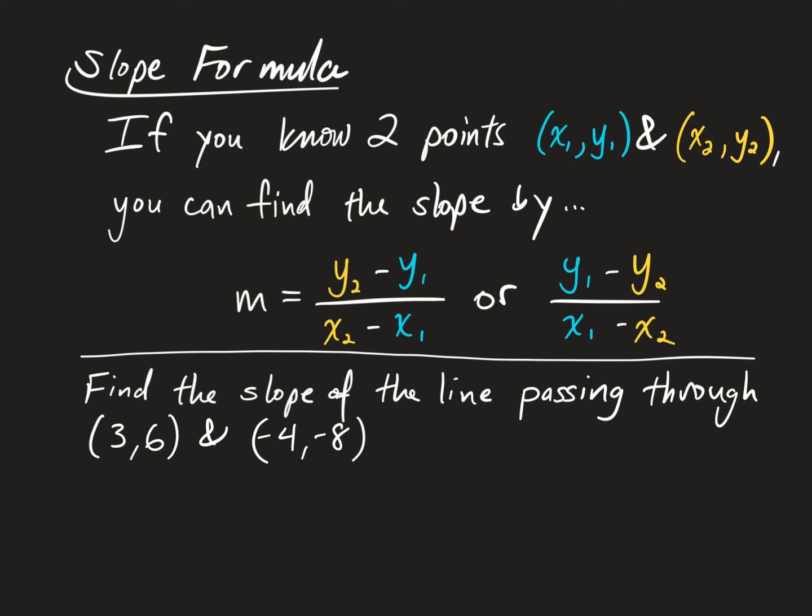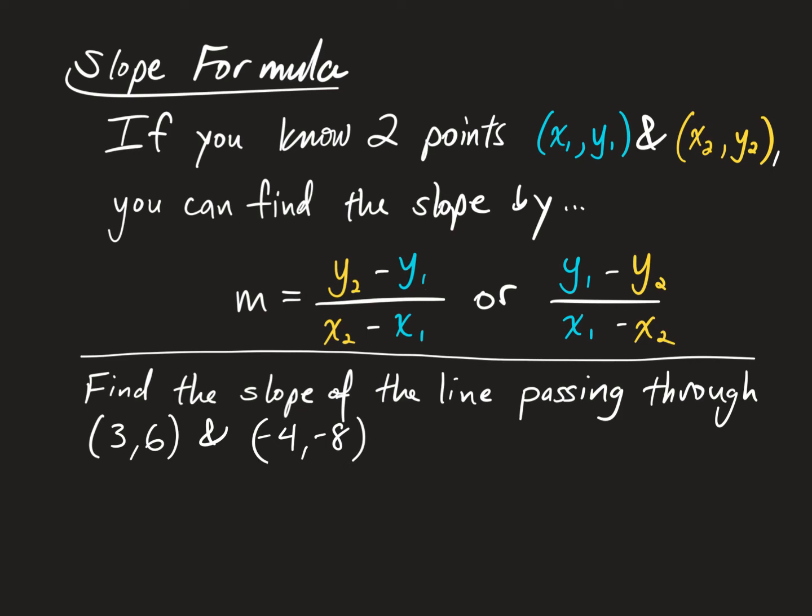So if you know 2 points, you can find the slope. As I mentioned in the last example, you have to have 2 points to find the slope of a line. And if you can find the coordinates of those points, then you can use this formula, m equals y sub 2 minus y sub 1 all over x sub 2 minus x sub 1, or you can use this fraction here. This is how it's taught most of the time.